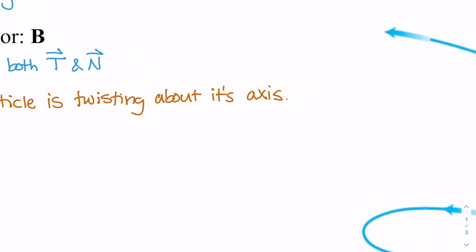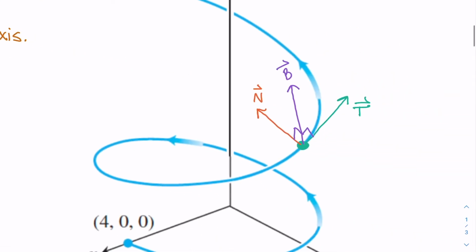So the B vector, which is kind of the most conceptually hard to understand, is telling us how the particle or the curve is twisting through space. So T tells us the direction of motion, N tells us the direction of turning, and B tells us this tendency for it to twist as it moves through space.